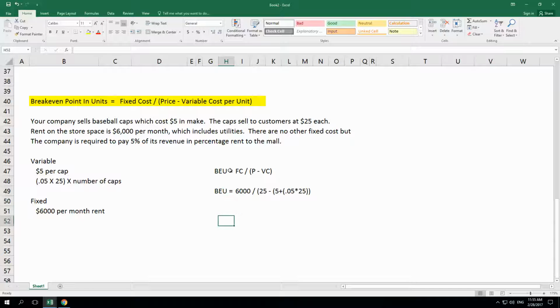Okay, why don't we test it? I'm missing a parenthesis.